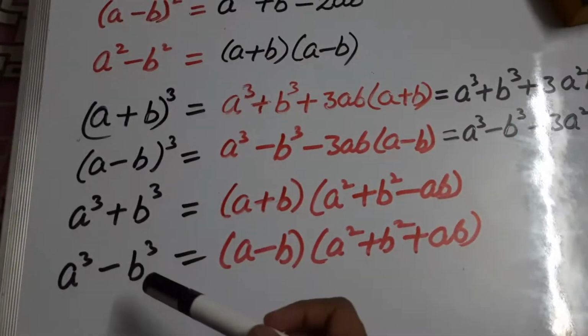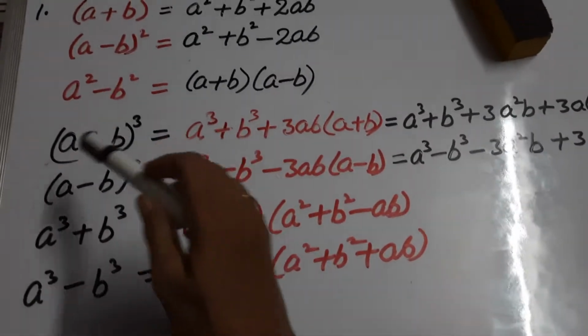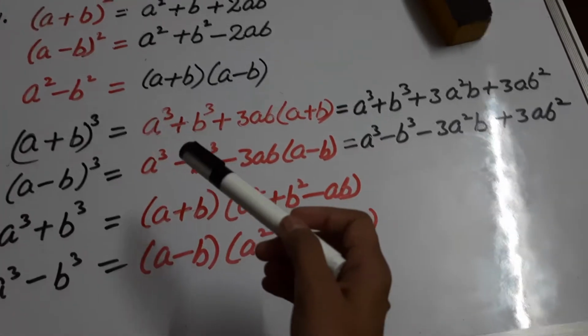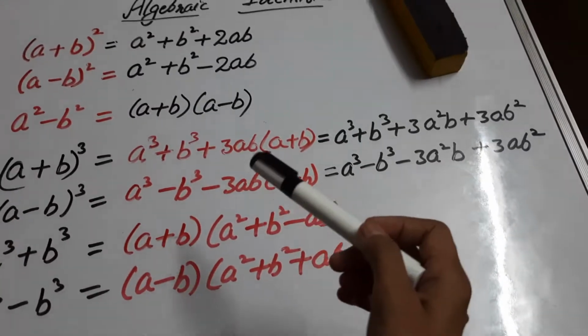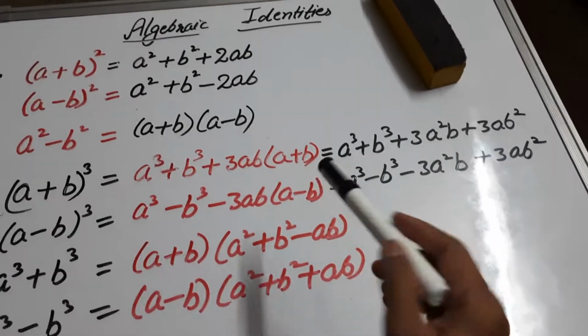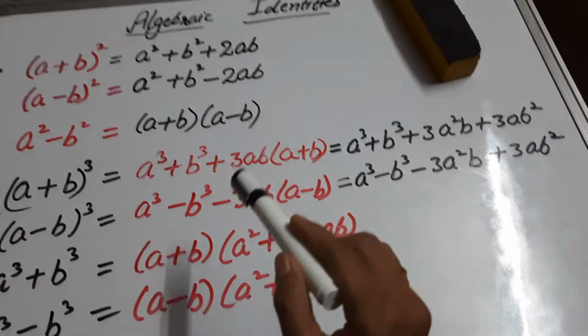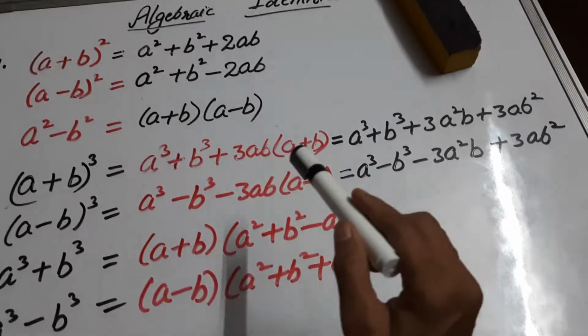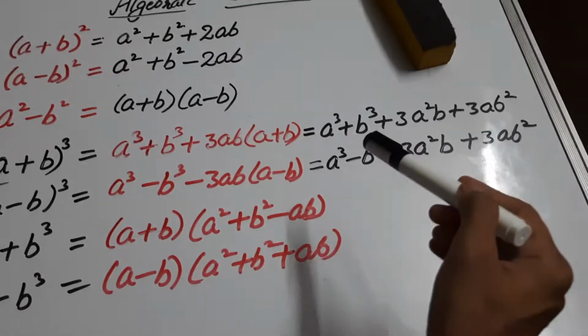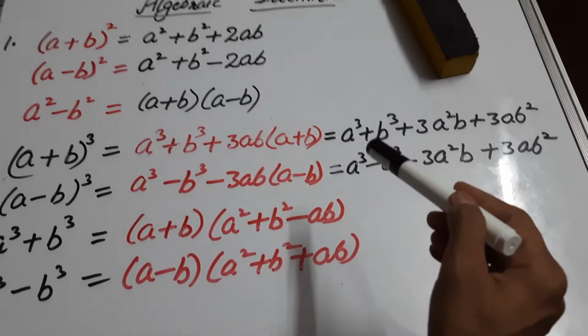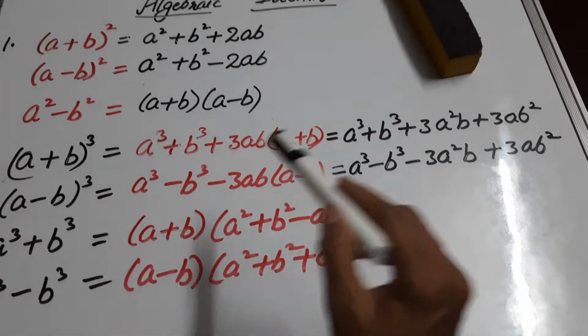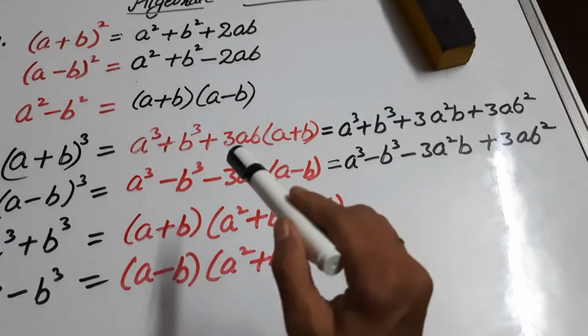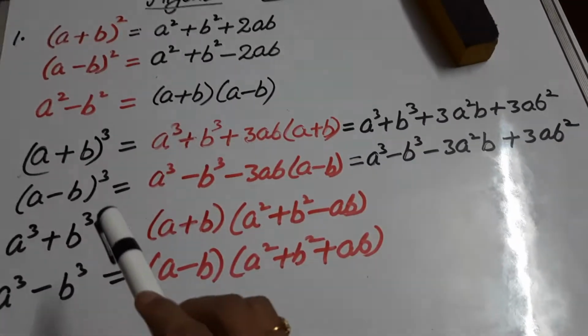Then cubic identities are there. (a plus b) whole cube is equal to a cube plus b cube plus 3ab into (a plus b). And when we multiply this, we use the distributive property. We get the expanded form: a cube plus b cube plus 3a square b plus 3ab square.